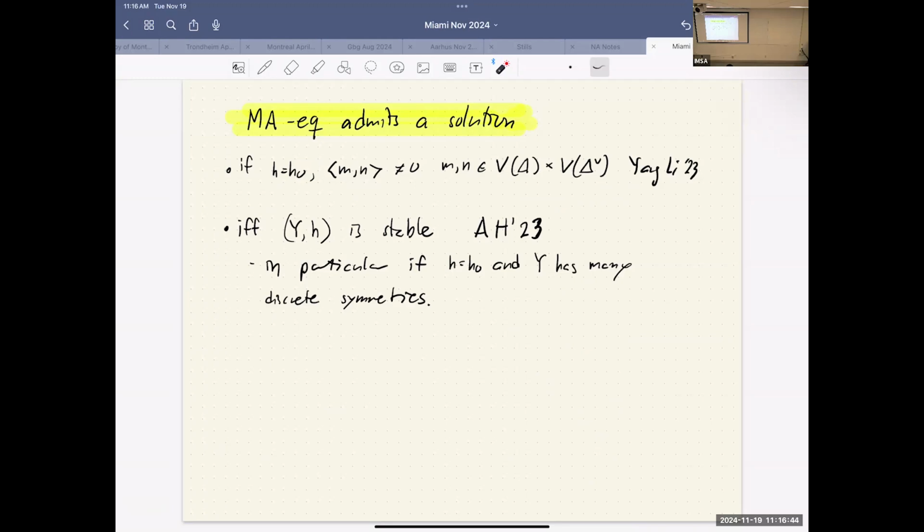And this Monge-Ampère equation admits a solution if and only if this pair, Y, H, is stable in a certain fashion. And this is stable in terms of optimal transport, so I'll talk a little bit about it as well.